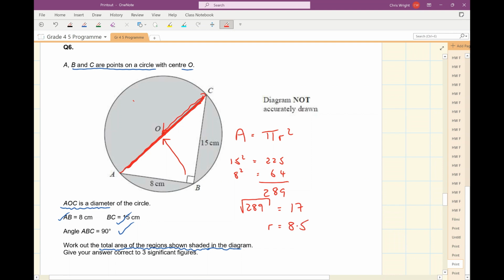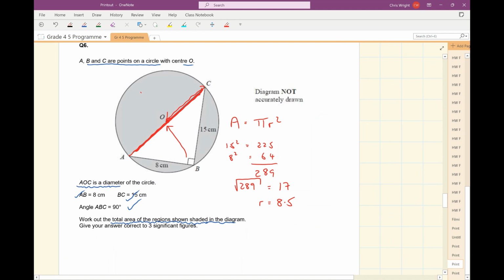Now I can find the area of the circle. The area of the whole circle is going to be pi times 8.5 squared. Let's work out what that is while we're at it, shall we? So 8.5 squared times by pi equals 226.980, and so on. So that's the area of the whole circle. Now from that, I was going to subtract the area of this triangle, wasn't I?